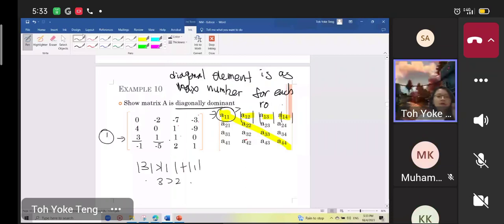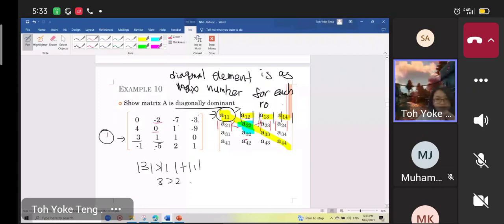Okay, so we move to the second one. For the second one, A22 has to be the maximum number as compared to the other values. That means that A22 has to be greater than the summation of the others, these two values. So just try to find it out with this one. Okay, it's not acceptable since 0 for sure is the minimum number, and then 2 is also the minimum number since 7 is greater than it.